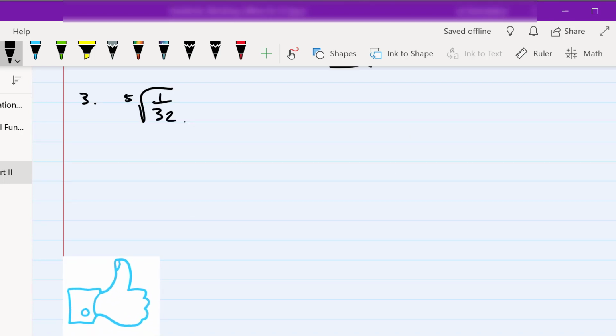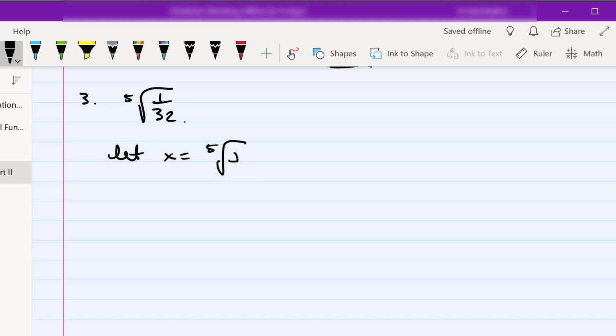Let us consider a slightly more challenging problem. Let us consider finding the fifth root of 1 over 32. Again, let x equal the fifth root of 1 over 32, or x equals 1 over 32 raised to the 1/5 power. To solve for x, let us consider raising both sides to the fifth power.